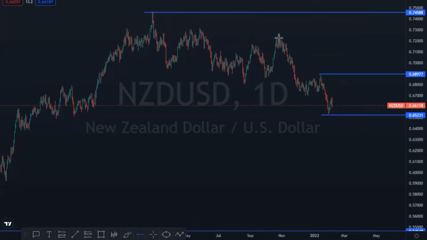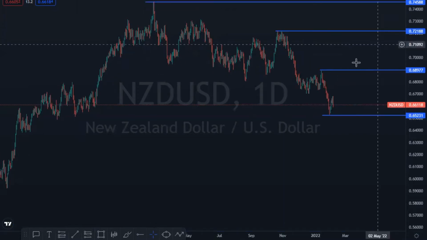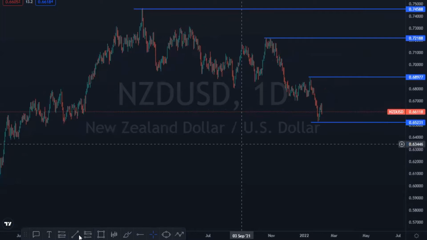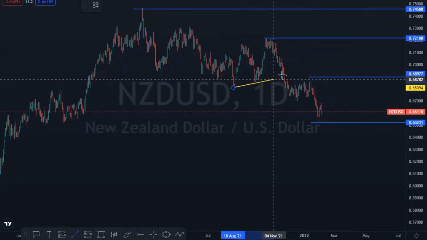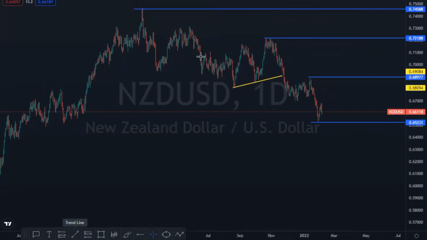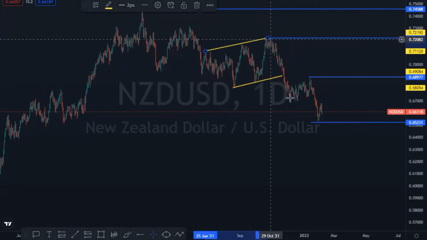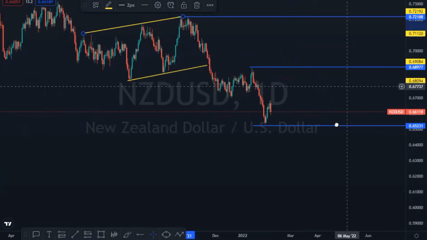You could also see that the market also rejected here. So guys, if you can notice, NZD USD has actually been trending to the downside, right? As you could see, we had a previous larger correction here. Then we broke to the downside, right?